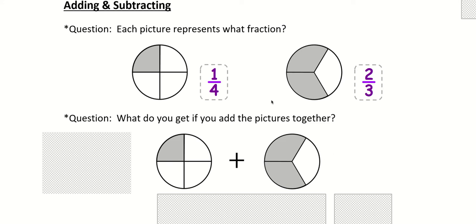It's no secret now that we're adding 1/4 plus 2/3. How do we add those together? I'm pausing here to have you just think about it. How do we do 1/4 plus 2/3, even thinking of these pictures, like adding this shaded slice to this shaded slice, or a couple of slices?